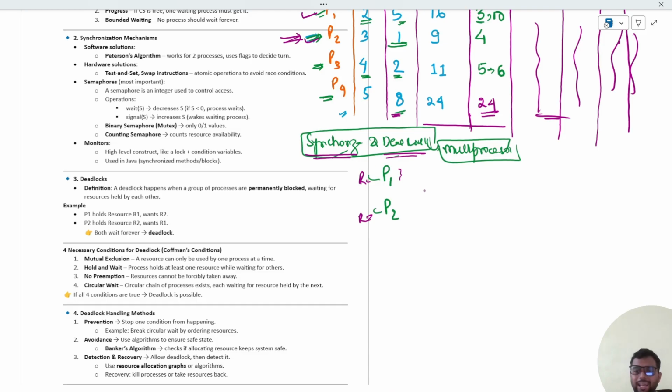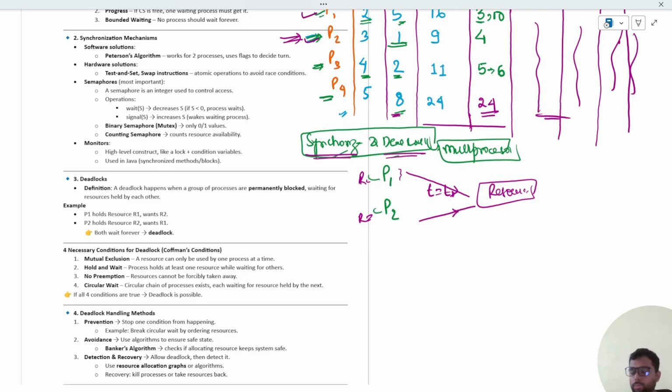Now, at any instant of time, say T equals T1 of their execution, they are sharing some resource. It could be any resource, a memory or a drive or something else. So these two are sharing the same resource.